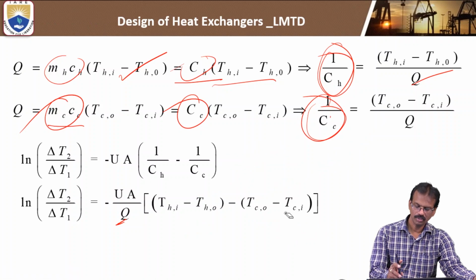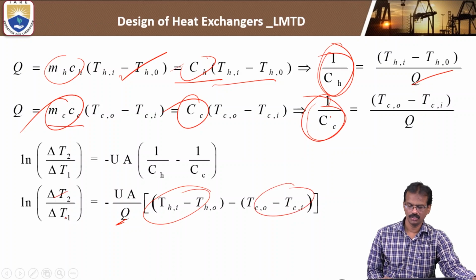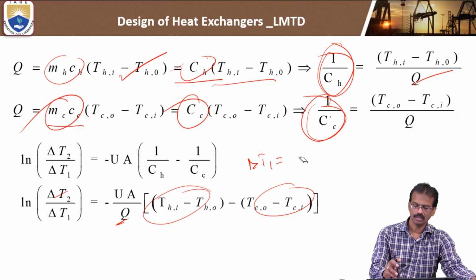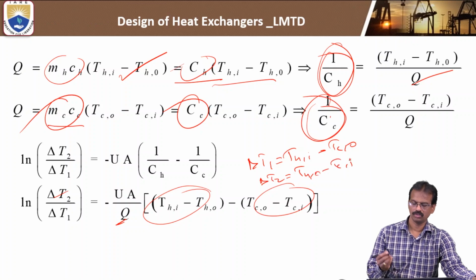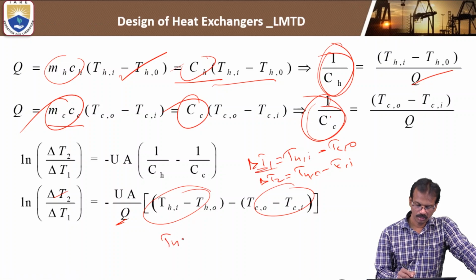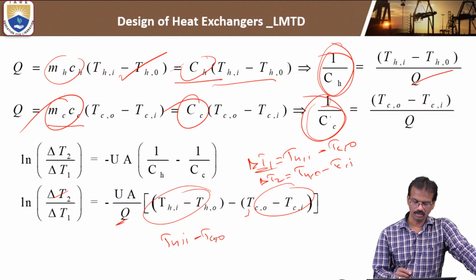Then you can convert these temperatures into delta T1 and delta T2, because you know that delta T1 is equal to hot fluid inlet temperature minus cold fluid outlet. Delta T2 is equal to hot fluid outlet minus cold fluid inlet. Okay. So we can rearrange these temperatures like this one. THi minus, we require TCo. Here you can write TCo first.